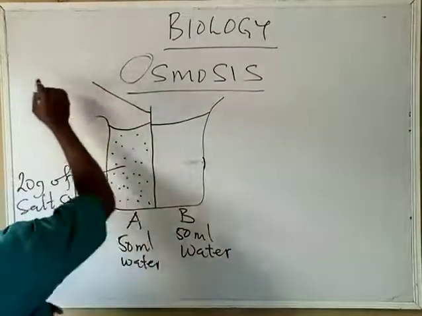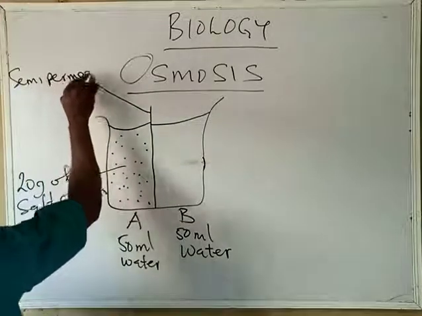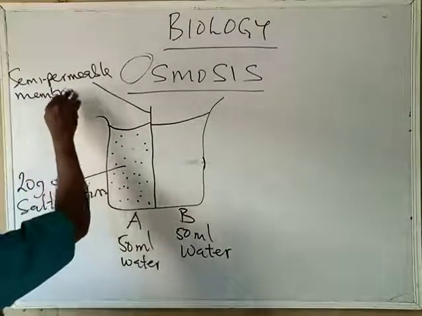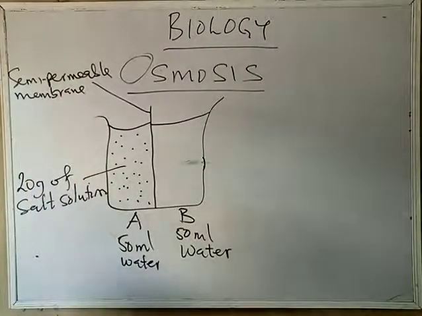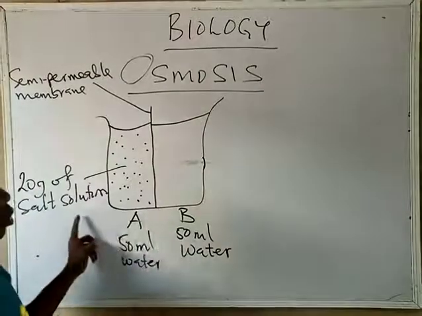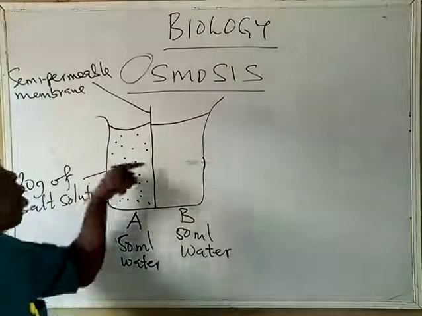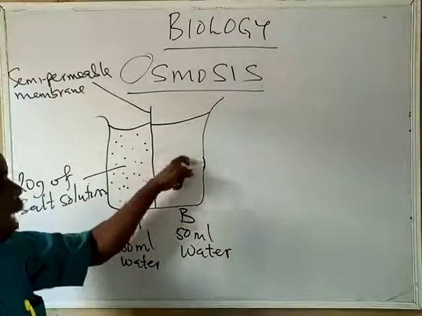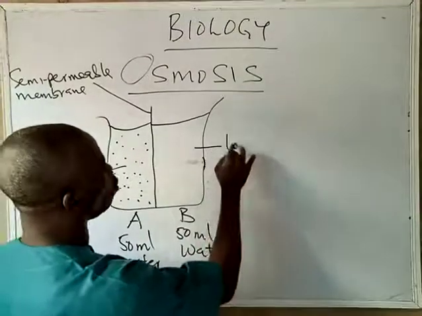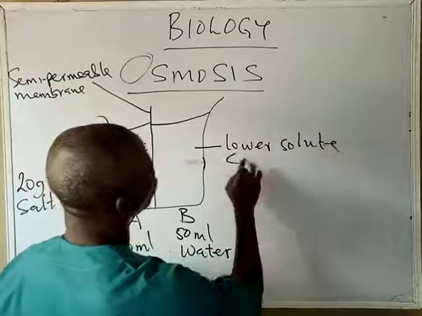so this is our semi-permeable membrane. We are saying that water molecules will move from where the concentration of solute is low. This is where we have lower solute concentration here.